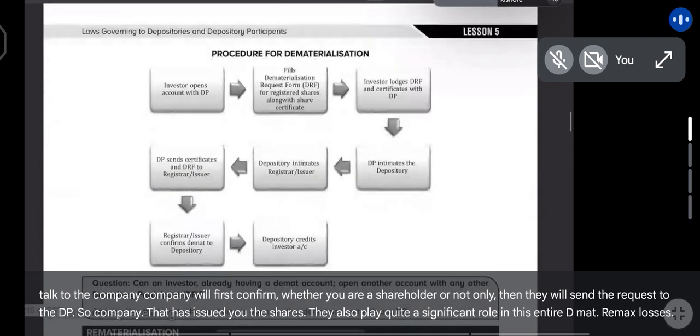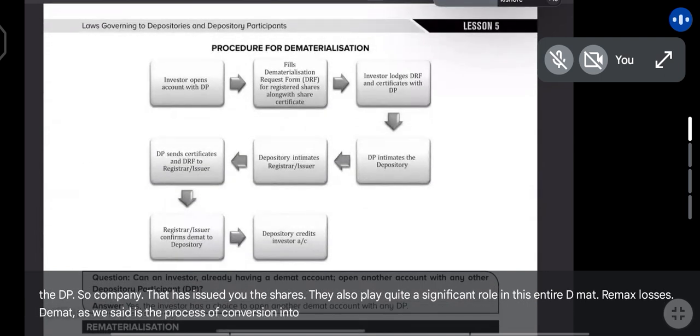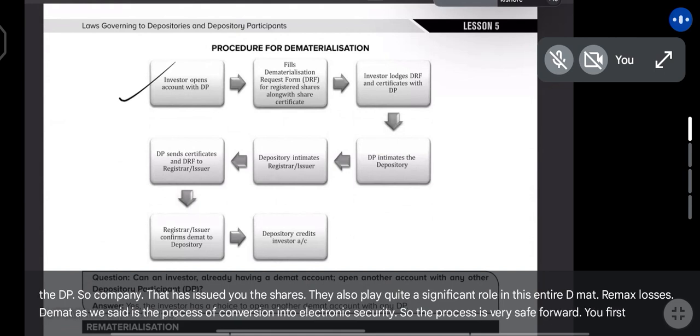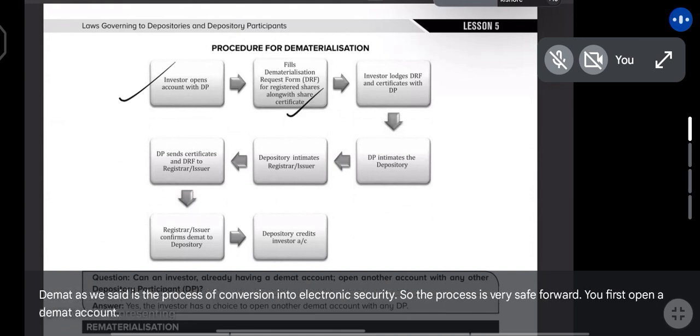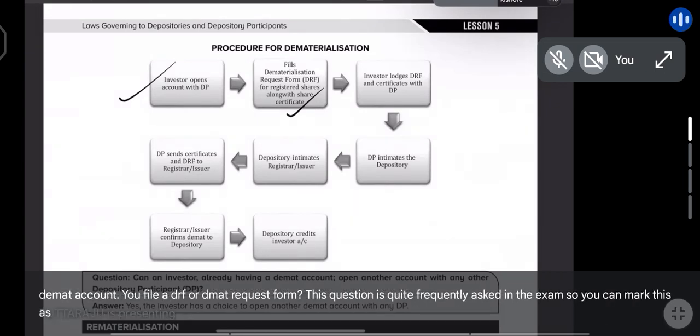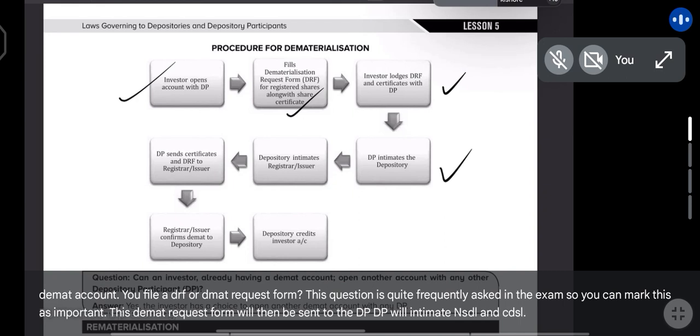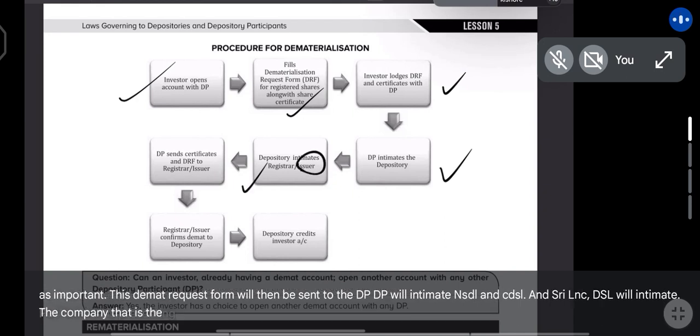Demat, as we said, is the process of conversion into electronic securities. So the process is very straightforward. You first open a demat account. You file a DRF or demat request form. This question is quite frequently asked in the exam, so you can mark this as important. This demat request form will then be sent to the DP. DP will intimate NSDL and CDSL. NSDL and CDSL will intimate the company, that is the issuer.